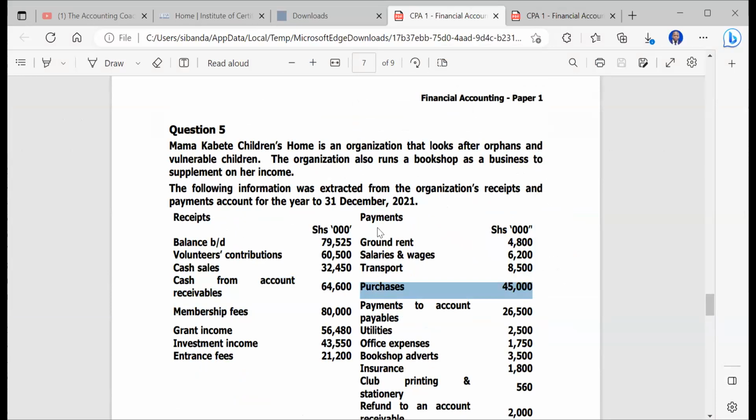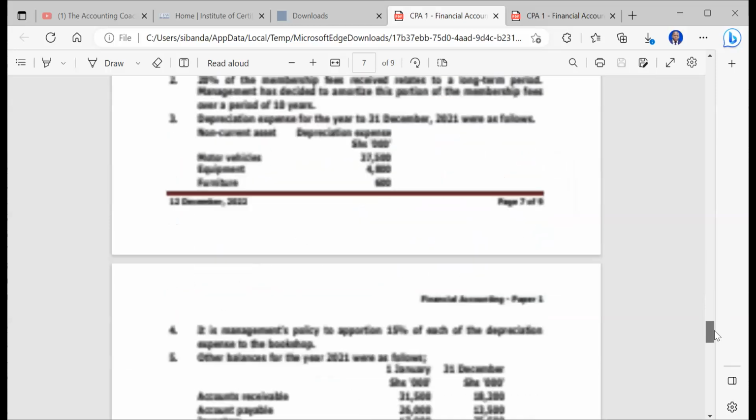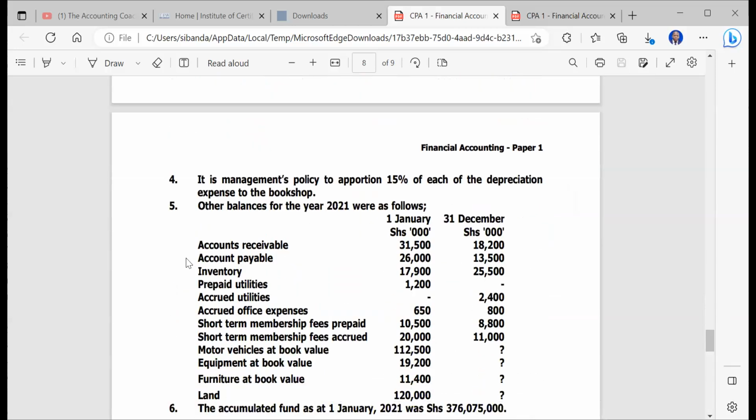Receipts and payments are like cash books. Cash books record only cash purchases and cash sales. The same thing with receipts and payments. So when you see this 45,000 here, you don't jubilate and say, I have the purchases, so I don't have to compute it. No, because you have things like payments to accounts payables, and even when you come to your balances, you have accounts payable values.